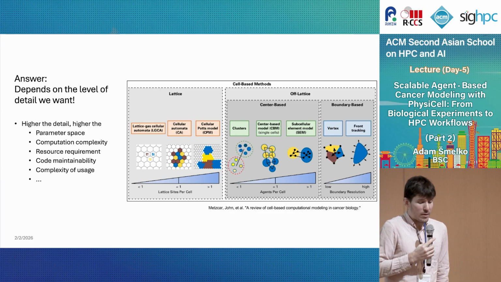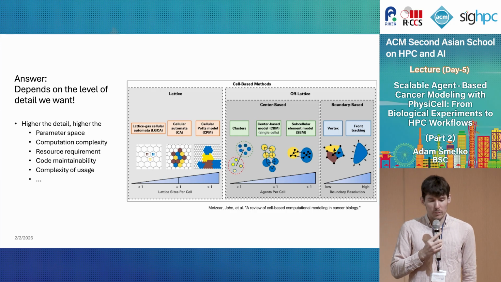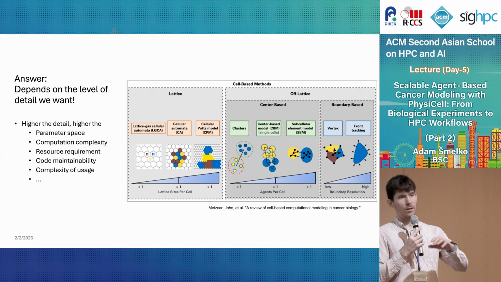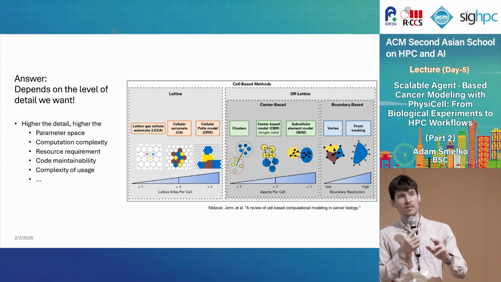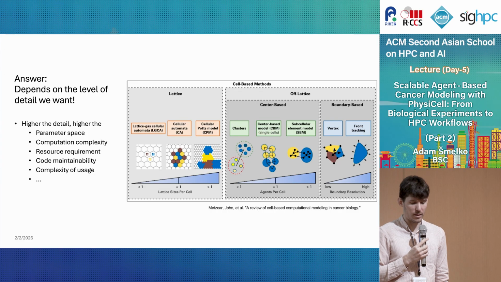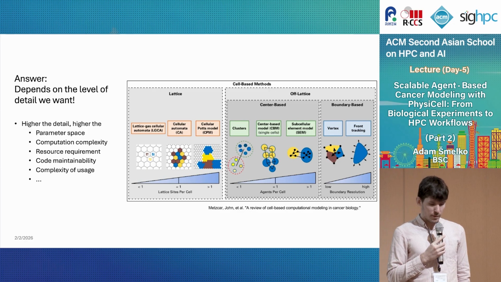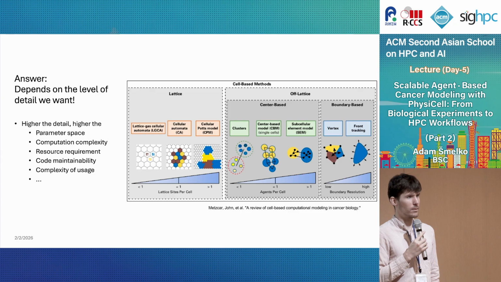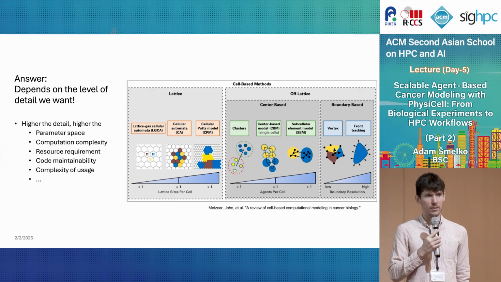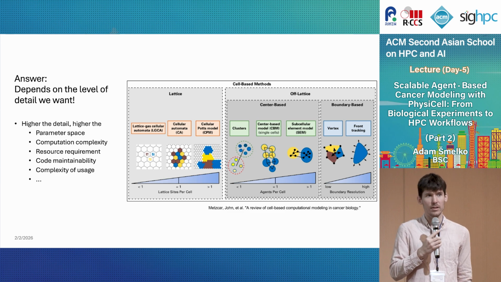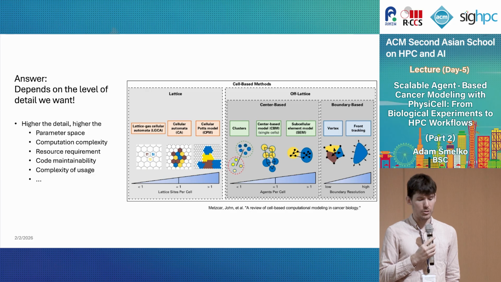Or maybe you will make do with even more coarse-grained models where the whole cell population is simulated just by some cloud of probability density. So you always need to think about what level of precision you need, and whether this level of precision is really important for your simulation.